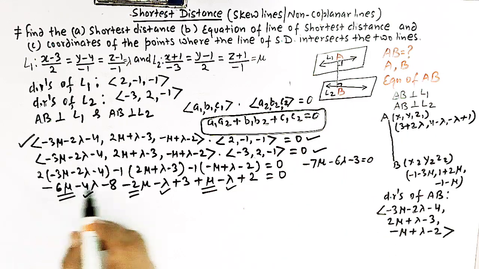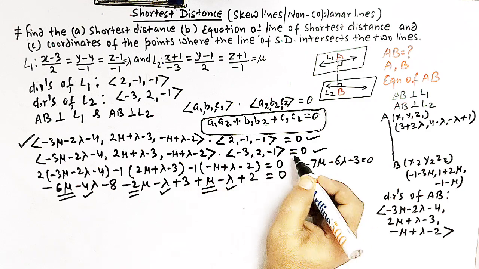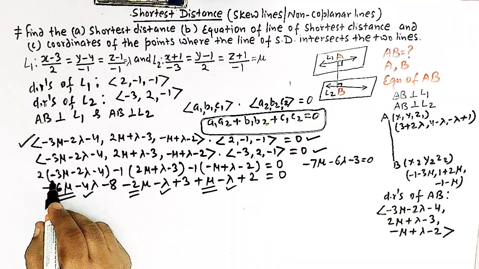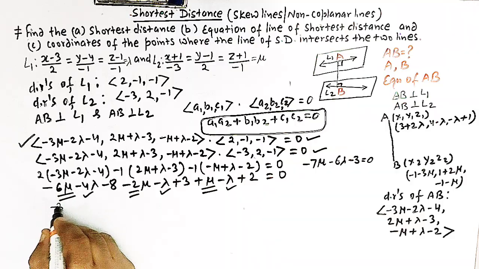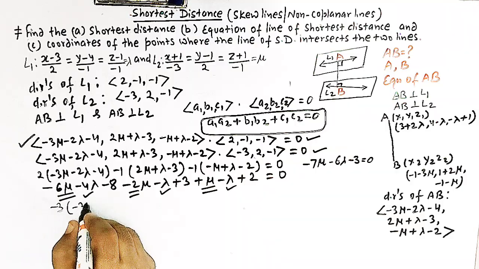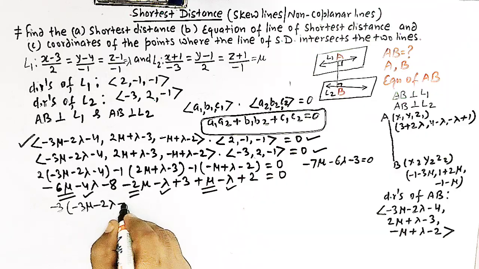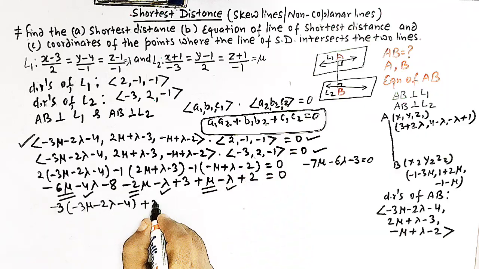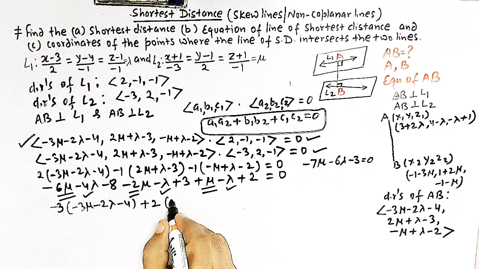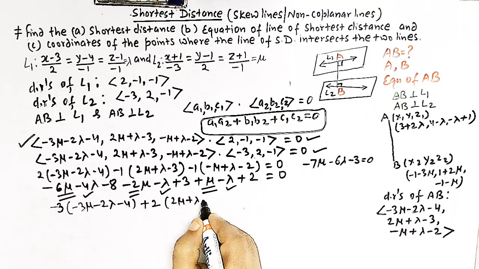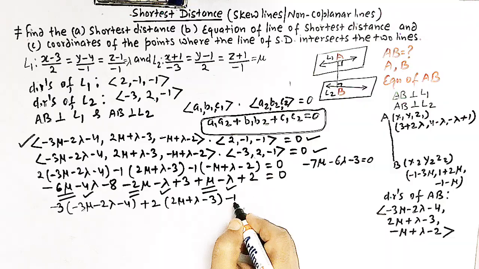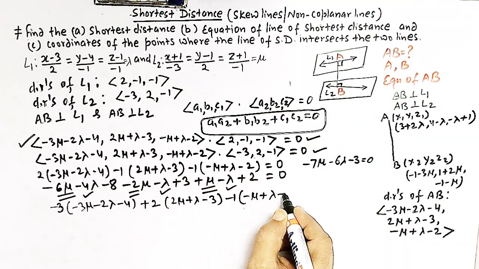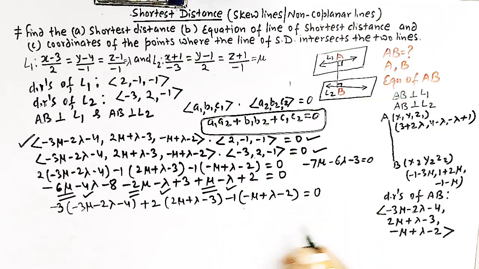So now applying this condition to this situation, we have minus 3 times (minus 3 mu minus 2 lambda minus 4), and then we have plus 2 times (2 mu plus lambda minus 3), and then we have minus 1 times (minus mu plus lambda minus 2) is equal to 0.